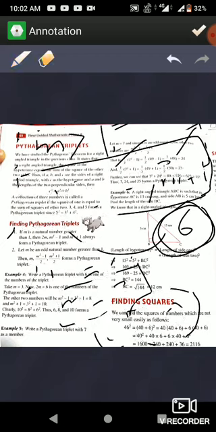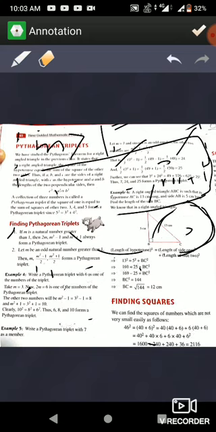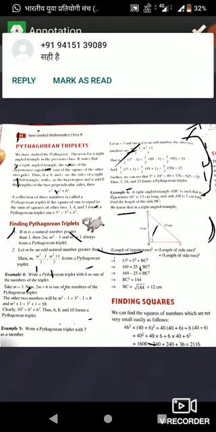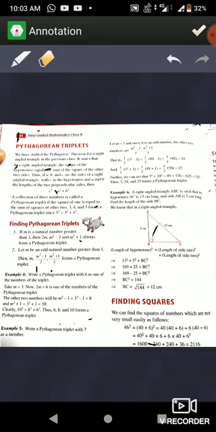Now there is a condition. If the number given to you in the question is odd, as all of you know, an odd number is a number which is not divisible by 2. Suppose we take an odd number, that is 7.